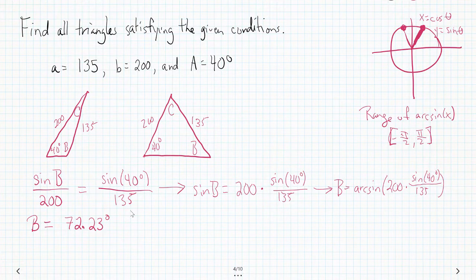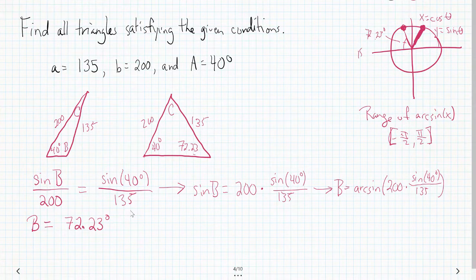And so the case of the acute angle, because it's less than 90 degrees, we have 72.23. And if you go to our right triangle that we create, we know that this angle right here is 72.23 degrees.